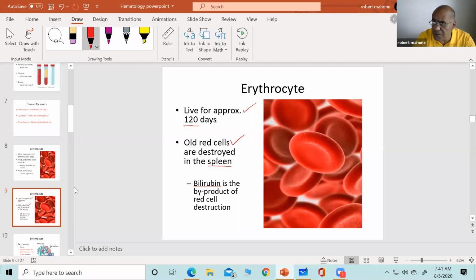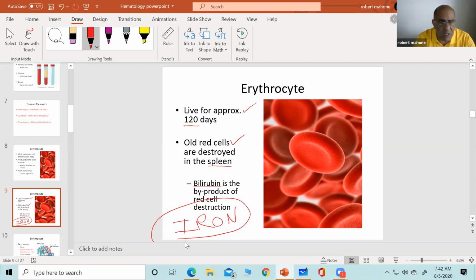And the primary substance that we want to keep from that red cell is the iron. We never want to get rid of that stuff. So the iron is then transported to your liver, where it's stored until it's needed to produce new red cells for you.